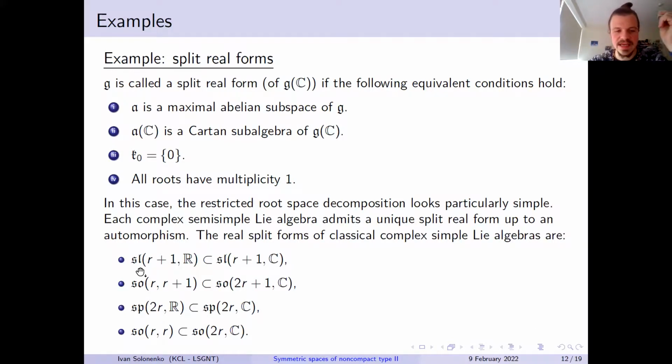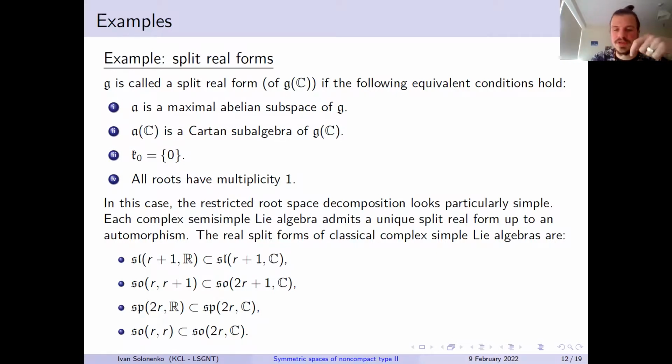Actually, let me not name them all; I've just listed them here. Note that there is a difference between the split real forms for SO over C, depending on whether n is even or odd. This is because the root systems for SO(n,C) are different. They're either B_n or D_n, depending on the parity.